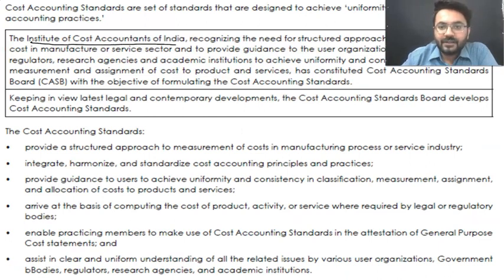ICAI, the Institute of Cost Accountants of India, understood that there was a need for these cost accounting standards, just like ICAI found that there was a need for accounting standards to give a structured approach, and to act as a help desk or guide for various organizations, so that whatever they prepare as part of their cost records should be uniform.